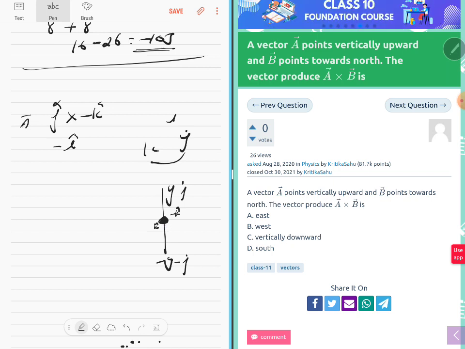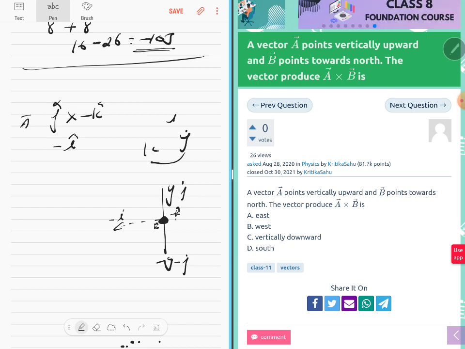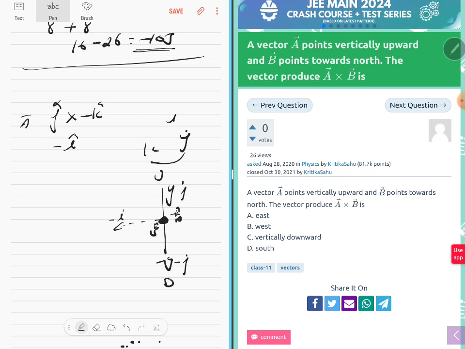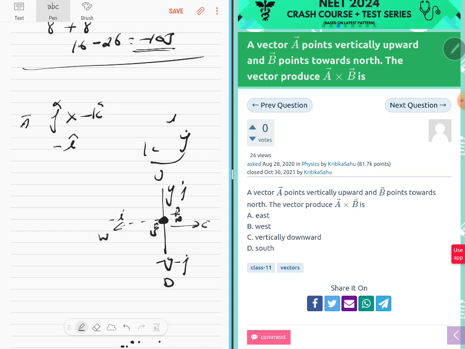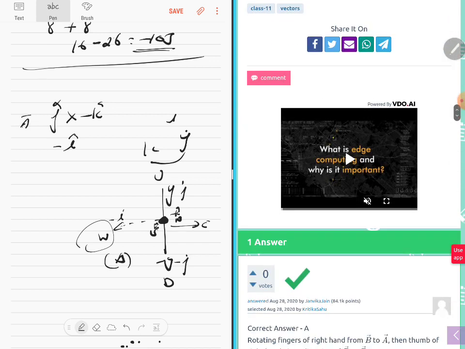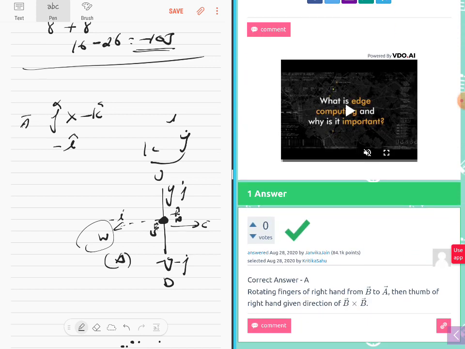So I'm getting minus i, which is the negative x direction. So if I consider the inward as north and the outward as south, this as up and this as down, then obviously east will be here and west will be here, so it's pointing towards the west. So according to me, B is the right answer. Let's see. Correct answer is A.